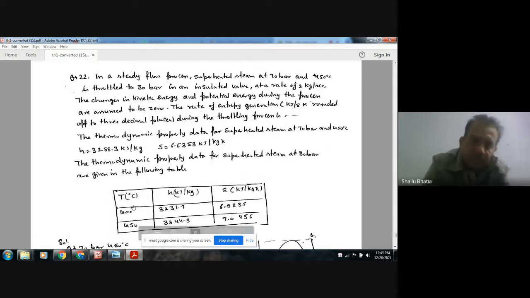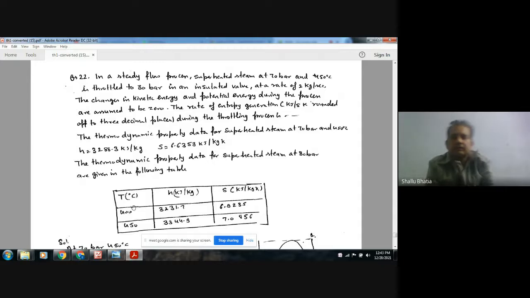Next, in a steady flow process, superheated steam at 70 bar and 450 degrees Celsius is throttled to 30 bar in an insulated valve at a rate of 2 kilograms per second. Changes in kinetic energy and potential energy during the process are assumed to be zero.